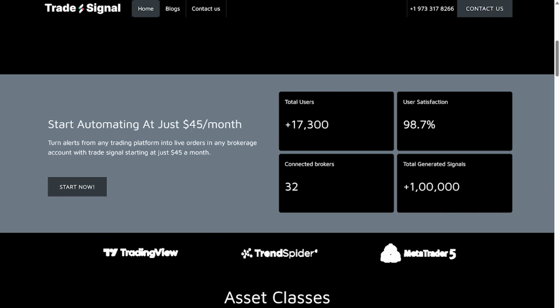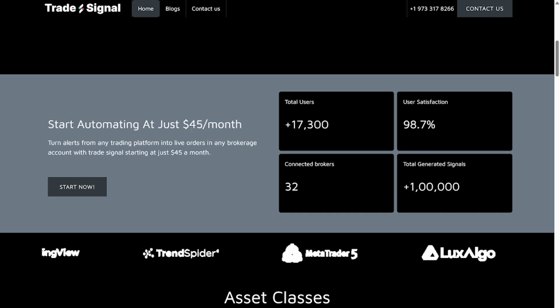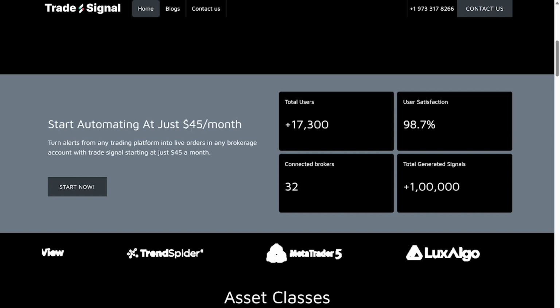So this acts as a VPS as well as the execution engine at the cost of $45 a month. So this is pretty much a bang for a buck, I would say.